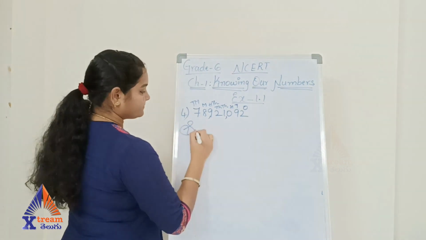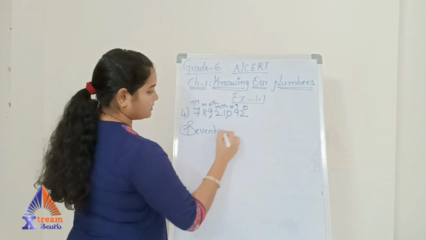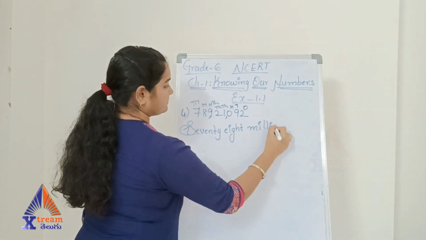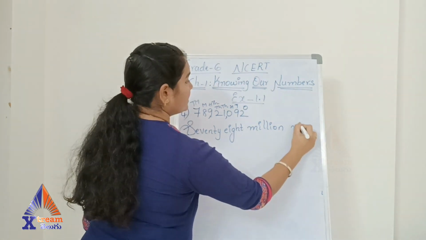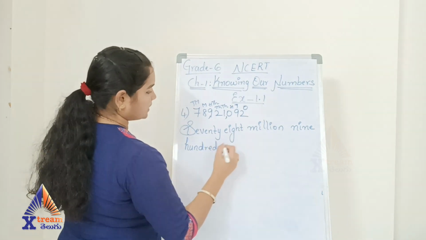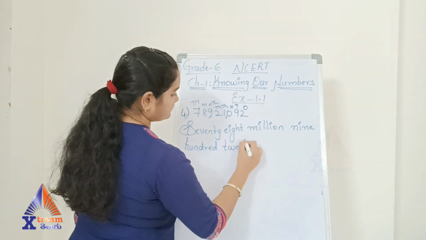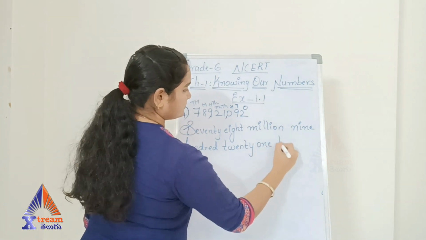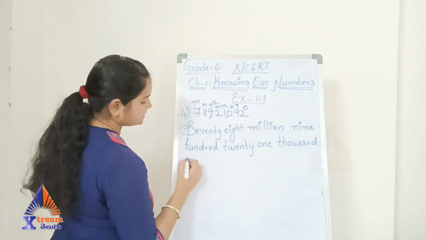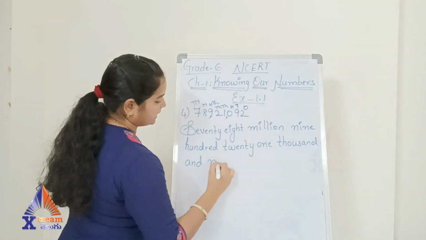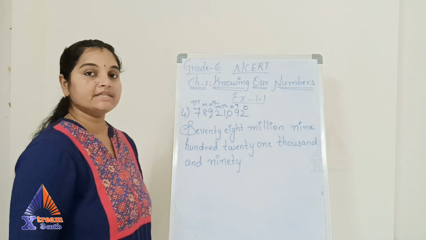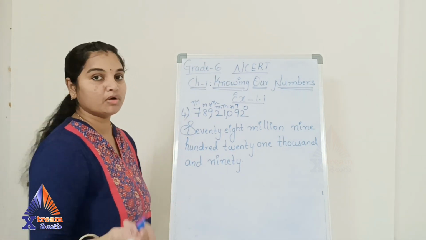So I write it as 78 million 900 21,000 and 90. This is how we write a number name in the international system of numeration.